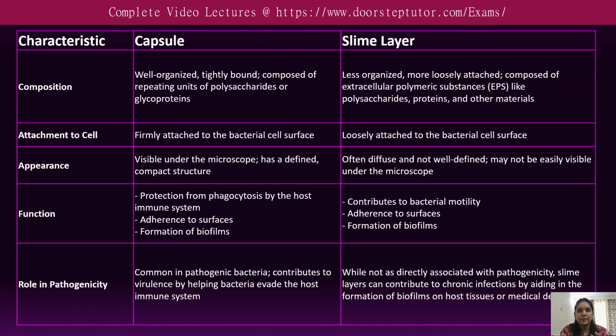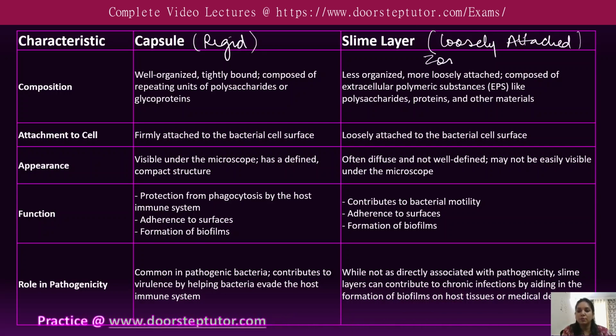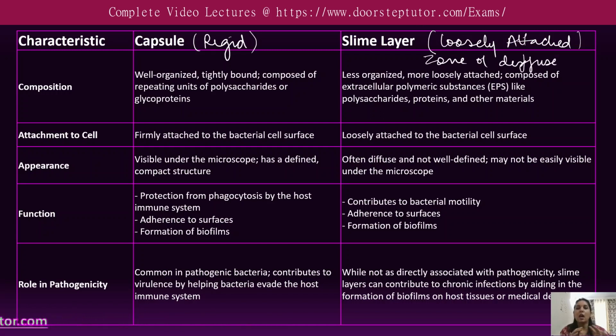The capsule is much more rigid in structure, while the slime layer is somewhat loosely attached, or we can say it is a zone of diffuse material, usually present outside the cell wall of the bacteria.